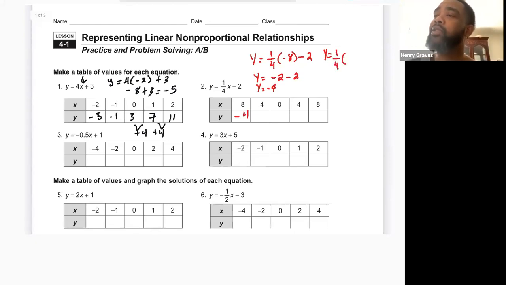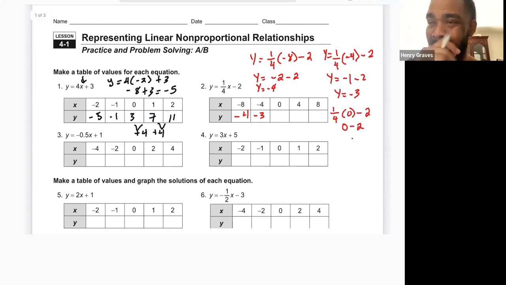1/4 of -4 minus 2. So the y would be a -1 minus 2 would be -3. Then when I do 1/4 of 0 minus 2, 0 minus 2 is indeed -2. So I can surmise that my y numbers are going up by 1.